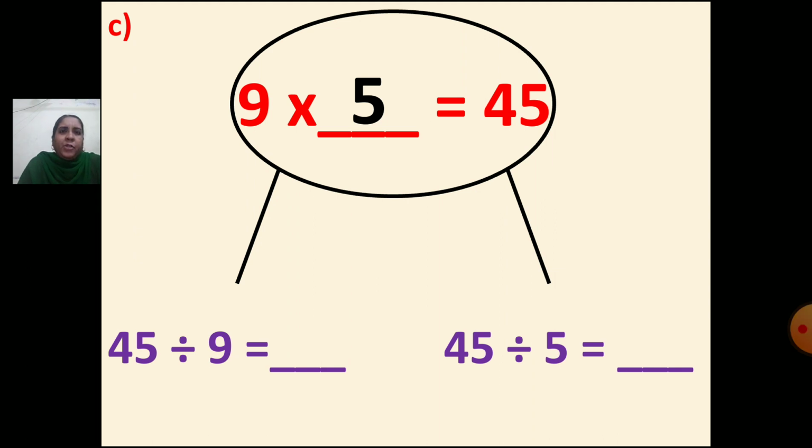In table of 9, when you get 45, 5, right? Now 45 divided by 5 equal to dash. How are you going to write? In table of 5, when you get 45, 9. So this is how you can write two division facts for one multiplication. Okay.